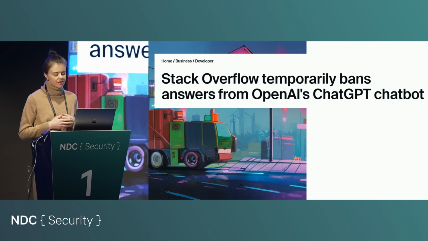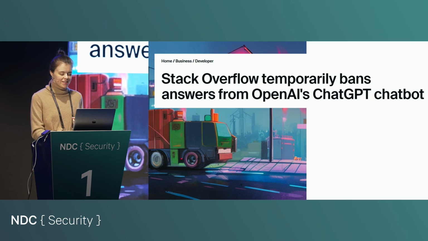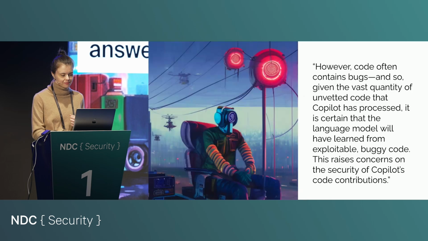I'm not exactly sure how they were detecting it, but they banned them because a lot of the answers were almost correct, but not exactly. And the deceptive part was that because they're written in very fluent language, it's hard to tell that they're not correct unless you're a domain expert in that particular question.